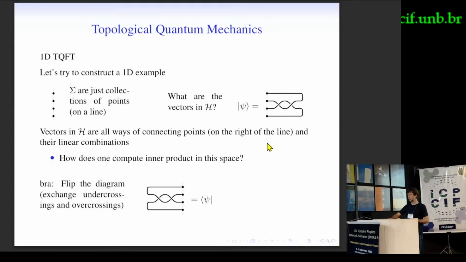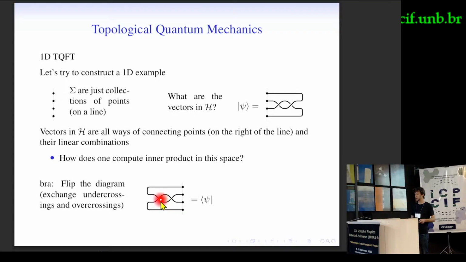To compute inner products, scalar products in this Hilbert space, I'll have to first define how I compute the complex conjugation or Hermitian conjugation of the state. The trick is basically to define this so that it's compatible with unitarity. For that, it is better if I define the Hermitian conjugate in such a way that my evolution goes in the opposite direction, which in this case means that I do some kind of mirror reflection of my state.